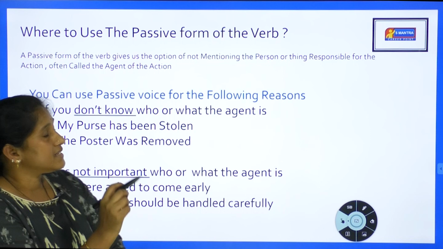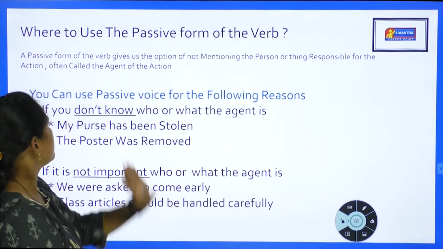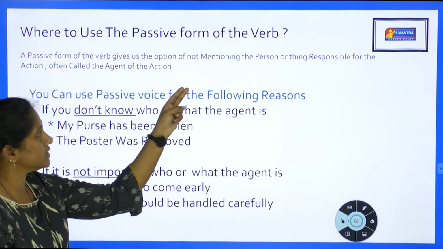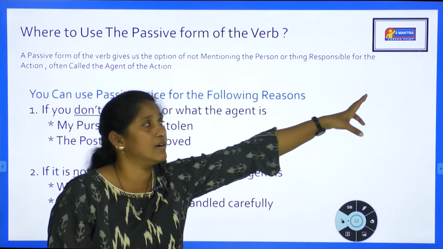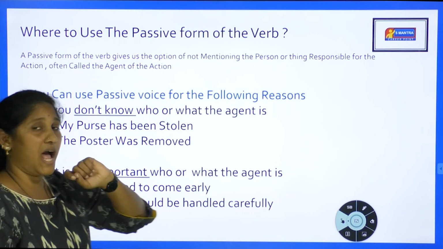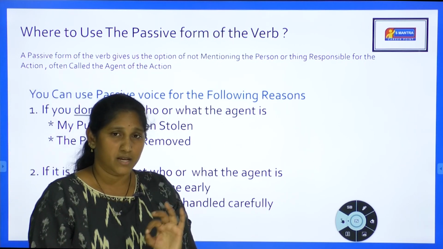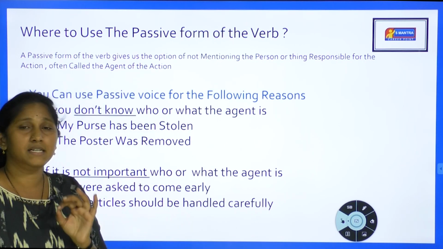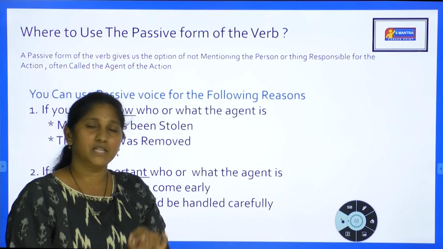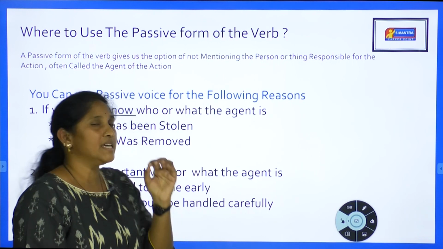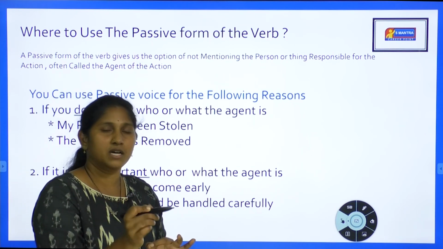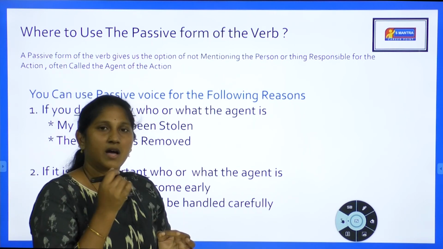Actually, passive form of verbs gives us the option of not mentioning the person or thing responsible for the action. Who is the agent in the sentence? Agent means doer of the action. In every sentence, we have the doer of the action.